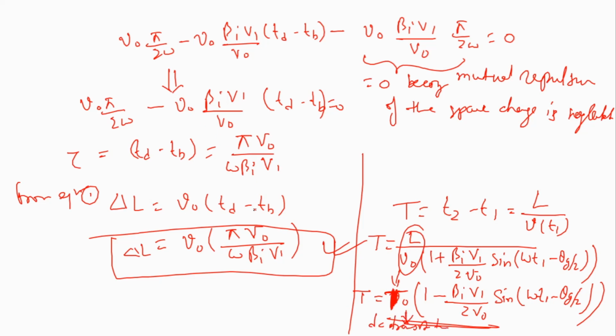Now if we use this T in terms of radians, we can multiply with omega. So in terms of radians, it will be omega T, which is equal to omega T2 minus omega T1, which can be written as omega into capital T0.